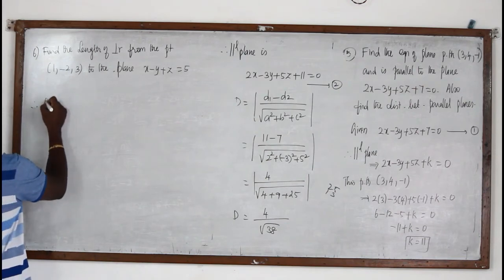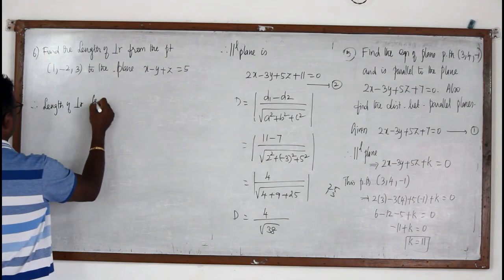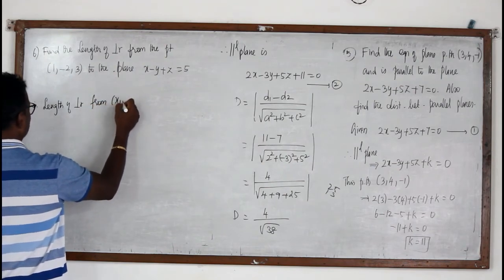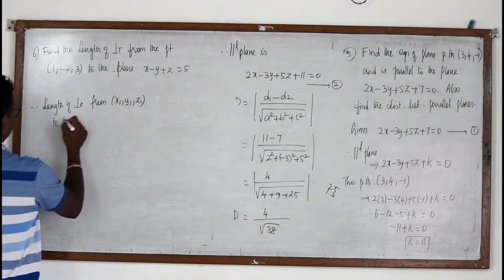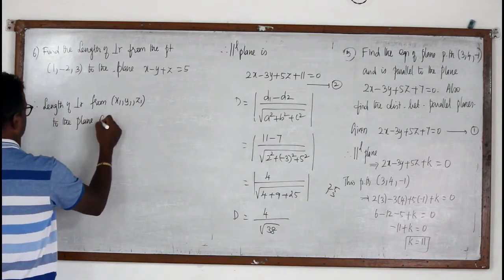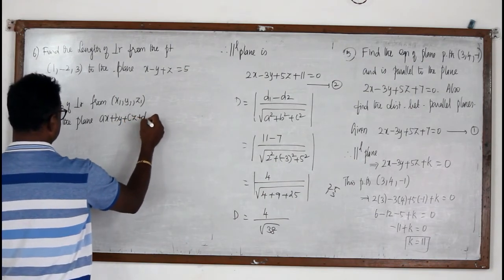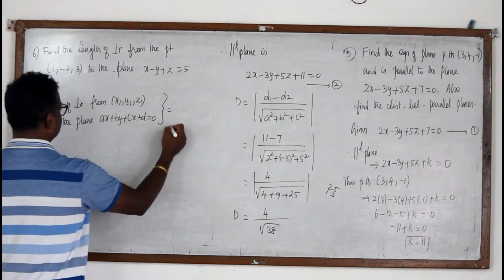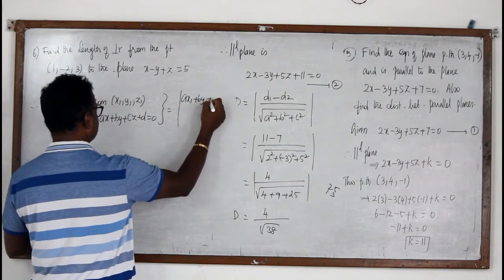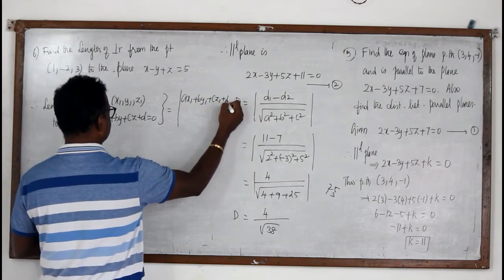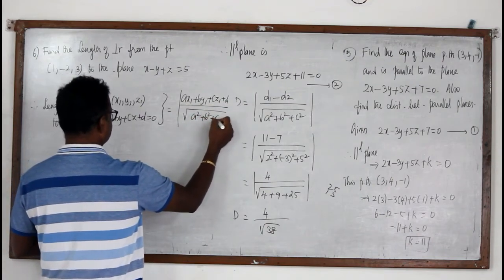Therefore, the length of perpendicular from x1, y1, z1 to the plane ax plus by plus cz plus d equal to 0 is given by the formula modulus of ax1 plus by1 plus cz1 plus d by root of a square plus b square plus c square.